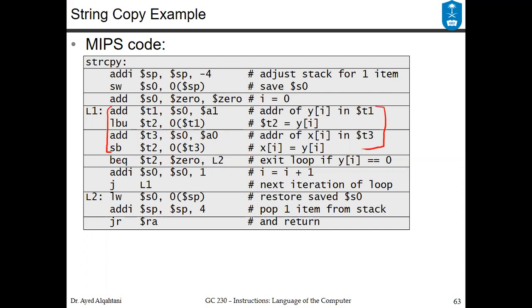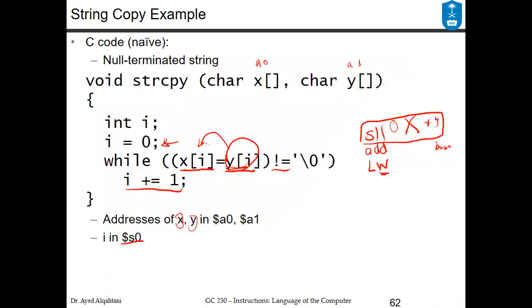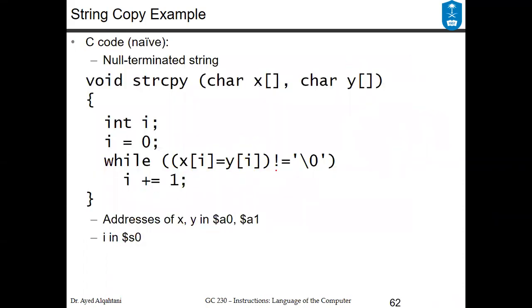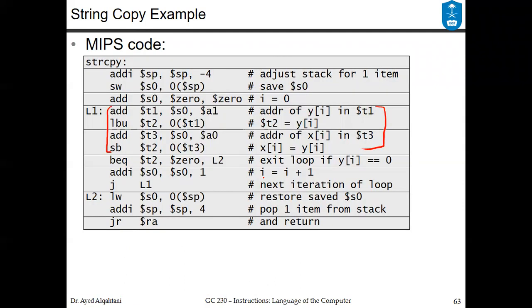Now we need to check if we need to branch or not. You can check here that we are using not equal to, which will be the opposite in the assembly, meaning that we will use branch equal. So we check the T2, sorry. If it is equal to 0, this means we will branch to L2, which will finish the work.